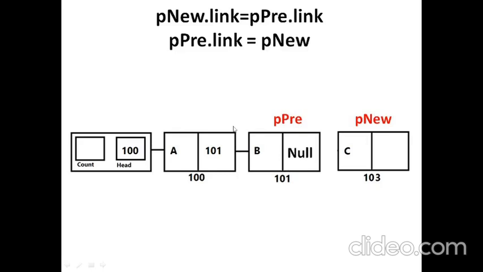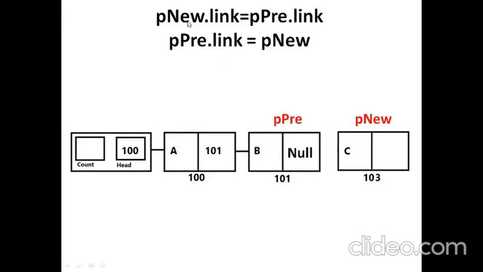Let us first take the situation where I want to insert this node at the end of the list, which means 100 followed by 101 should be followed by 103. In that case, this becomes pnew and this becomes ppre. ppre is the predecessor of the new node, which is right now this particular node.